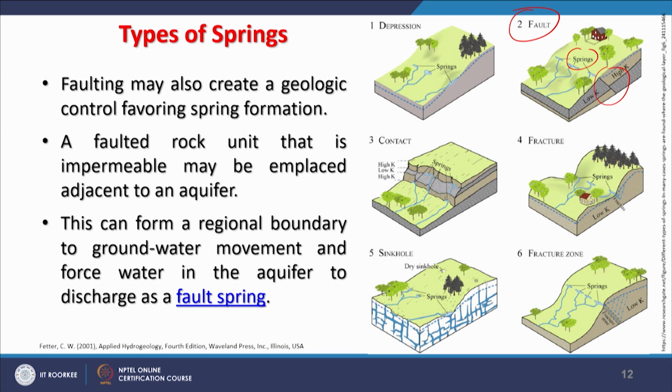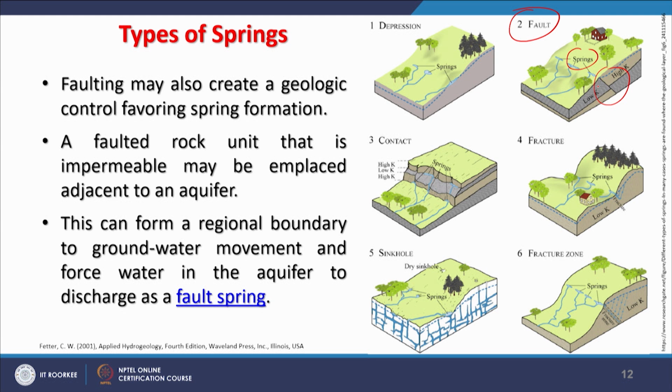Now, you know that the Himalayan terrain has a lot of seismic activity, and we have also observed that whenever we have big earthquakes or medium earthquakes, like more than 6 magnitude or so, many spring locations have changed, they have shifted, and the reason is of course this faulting.